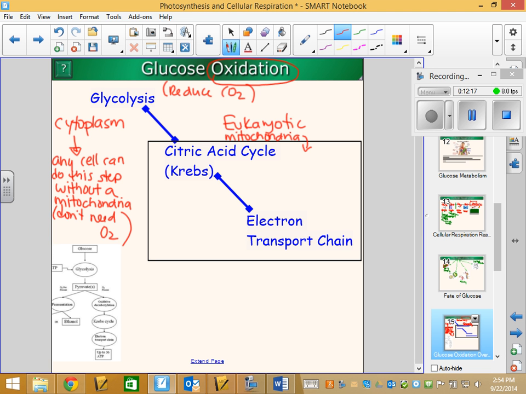That means, for us, I'd like you to remember that both plants and animals can perform this part of cellular respiration. So don't forget, plants do this too. The other thing that I'd like to point out is that what's inside the box requires oxygen.